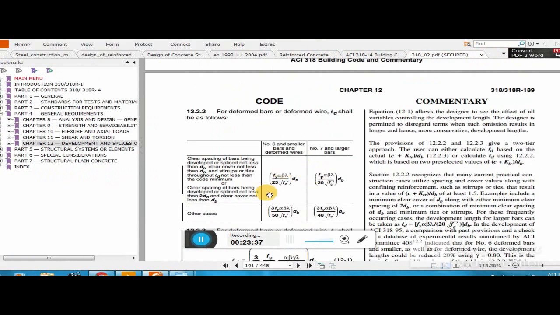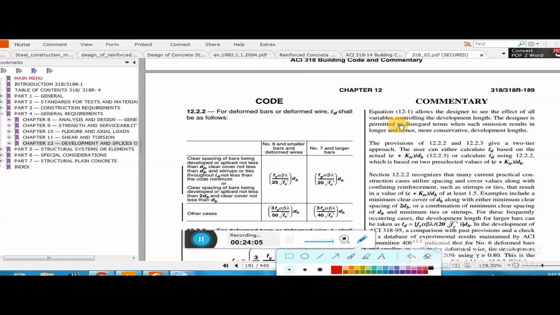You see the size, for number 3, yes, these two cases. This is case number 1 and this is case number 2, remember. In case number 1, what they say is that the clear spacing of bars being developed or spliced is not less than dB, remember, dB.